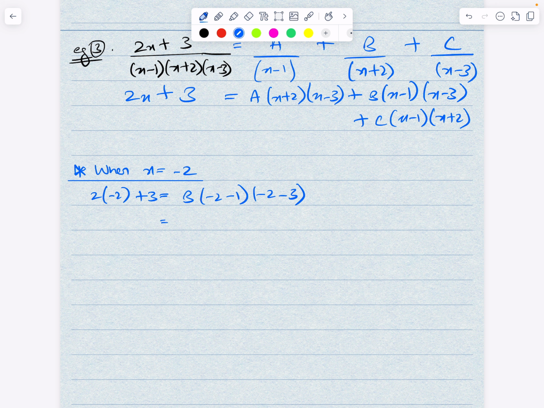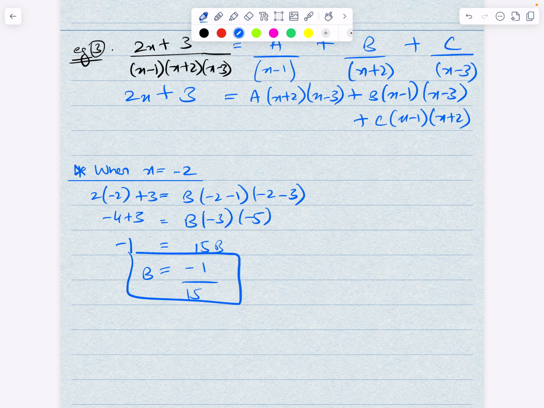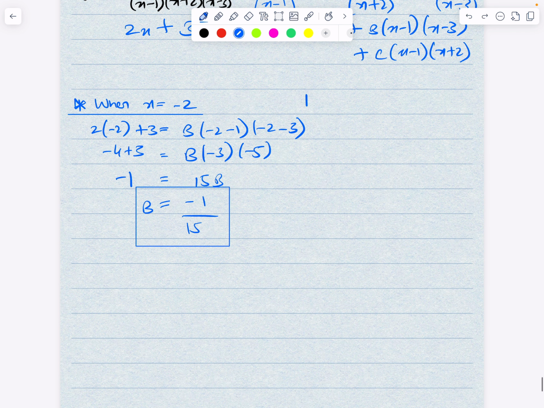So I have B times minus 3 times minus 5, and I have minus 4 plus 3. So minus 1 is equal to 15B, and B turns out to be minus 1 over 15. So I have a first value. And simultaneously, you should also appreciate the fact that the cover-up method is much faster than comparing coefficients.